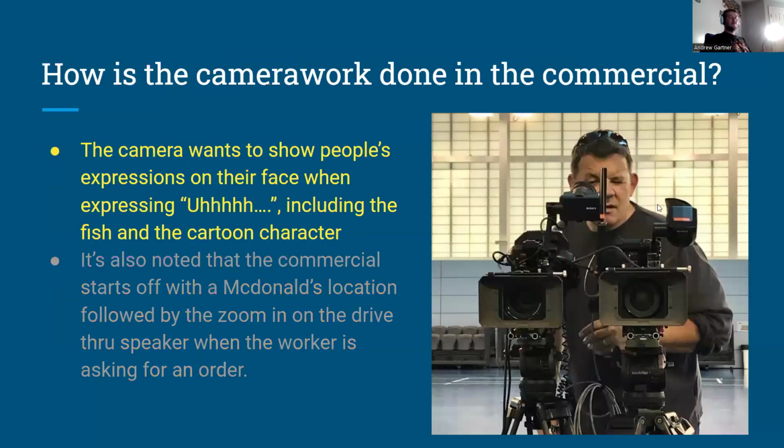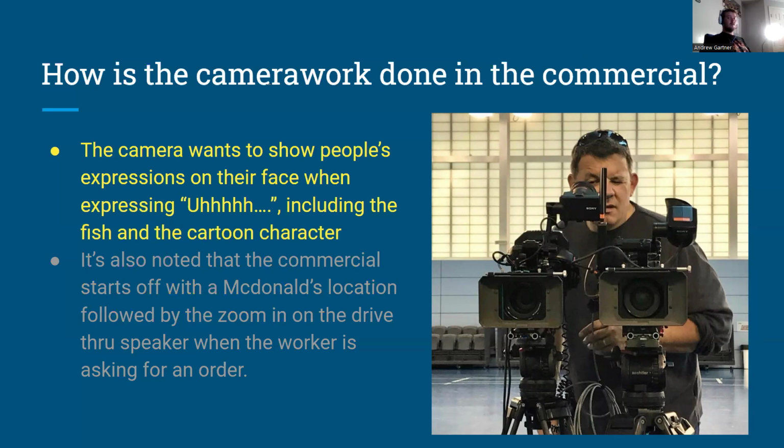And then how is the camera work in the commercial? The camera gets literally in front of people's faces as they say it, so you can see their mouths open and a little frown on them. They want to get up close because people think for a long time when they're ordering food.